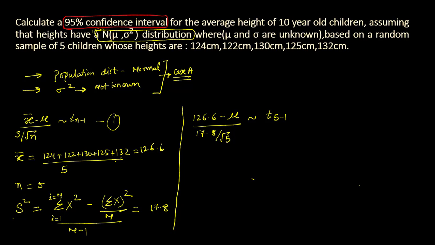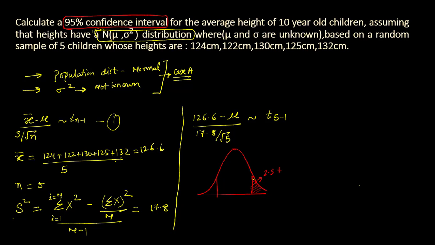We know that the t distribution is symmetrical in nature. Let us consider this as the t distribution, and we need to find the 95% confidence interval for the mean. If we want the confidence interval to be symmetrical, then this area must be 2.5% of total area.